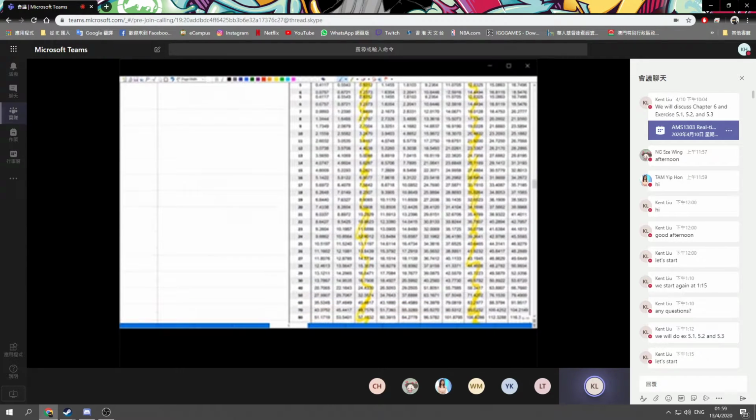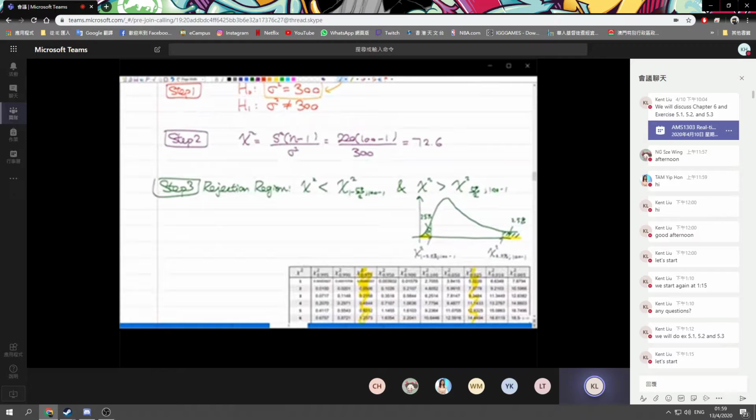Let's go back to this. We see that this equals 74.2219, and this one equals 129.5612. Now let's see if our test statistic falls into the rejection region. Yes, certainly. In this case, it will be somewhere here, because this point is 74 point something.